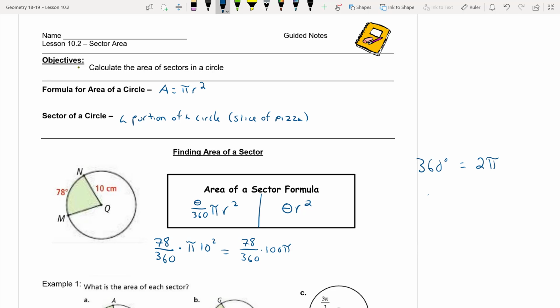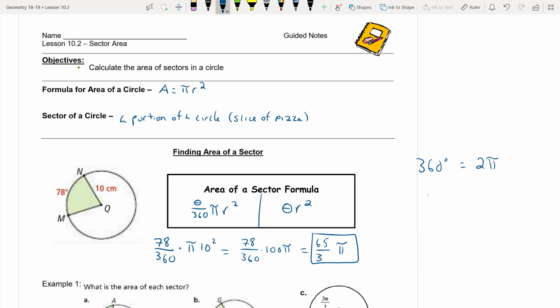And if we do 78 divided by 360, that gives me basically 13 over 60. So if we just multiply that times 100, we're going to end up with 65 over 3 pi. Seems like a really weird answer, but that is an exact answer.